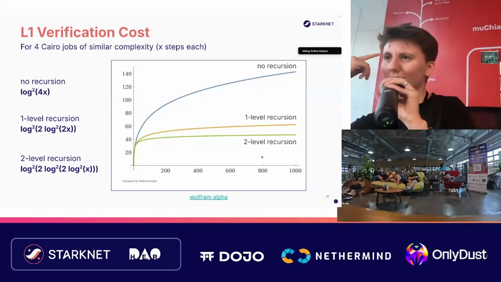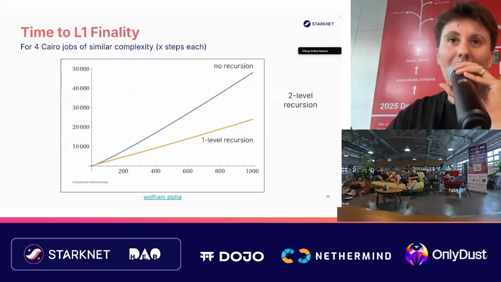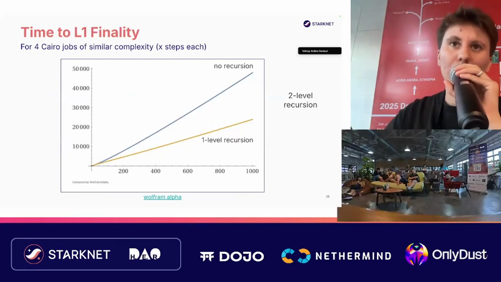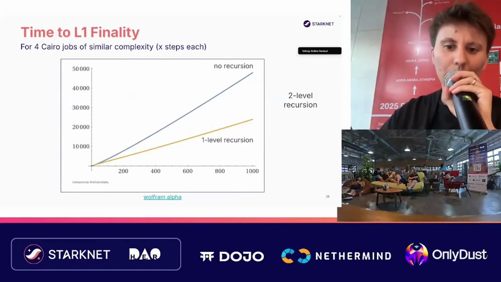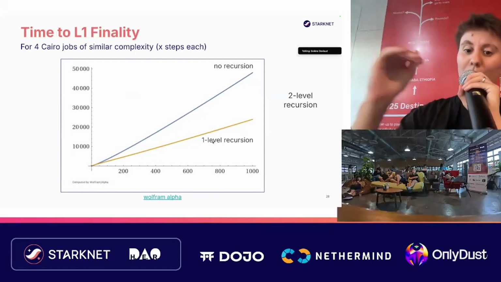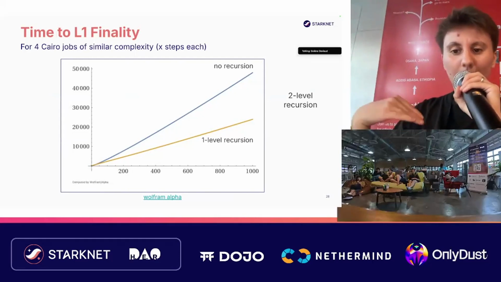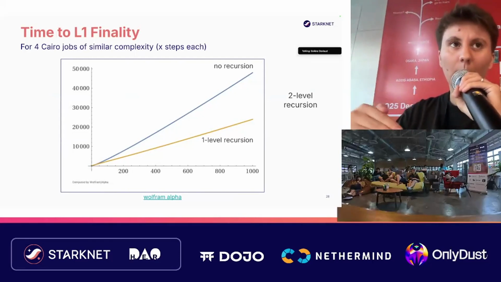And the other advantage is the time of the layer one finality. This one is reduced when we have some levels of recursion as well. Like I said, the more levels, the cheaper it is and the faster the time.